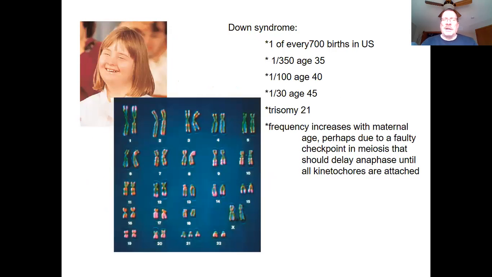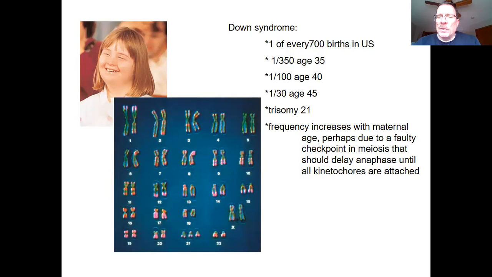And here's where we talk about Down syndrome, because as you look in that karyotype down at 21 here, you have three chromosomes for number 21. Down syndrome occurs in one out of every 700 births in the US.